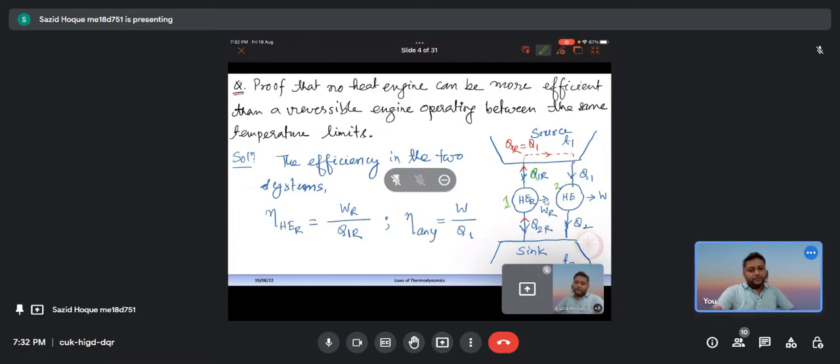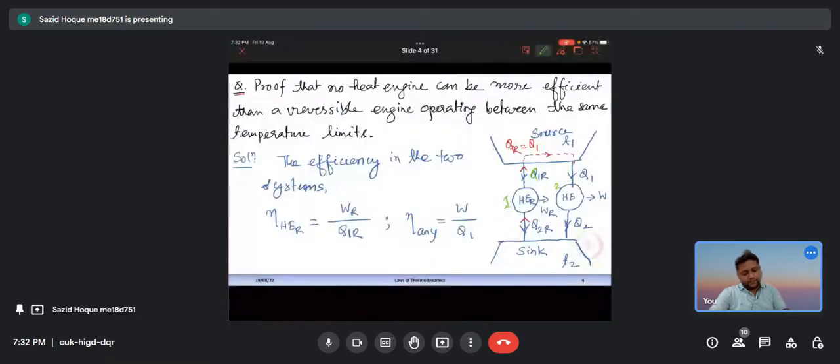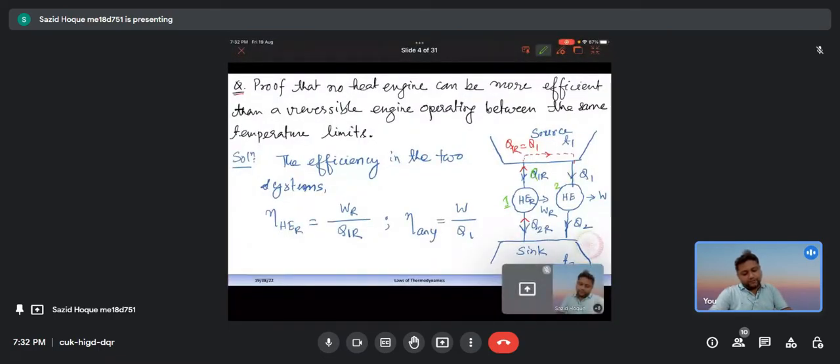So in a heat pump, this will be opposite. WR will be the work that has to be done by the pump to supply the energy Q1R to the source. You can write the COP if you want, but that is not important for this problem.